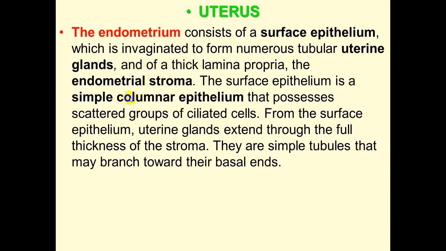These glands, their branching and secretion, depend on the phase of the sex cycle. All these endometrium components are under the influence of the ovarian hormones, and they have different construction in the follicular or postmenstrual stage, in the luteal or premenstrual phase, and the menstrual phase. 3 phases has the cycle in the uterus.